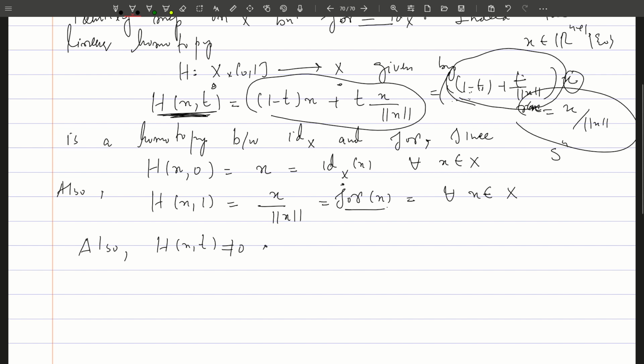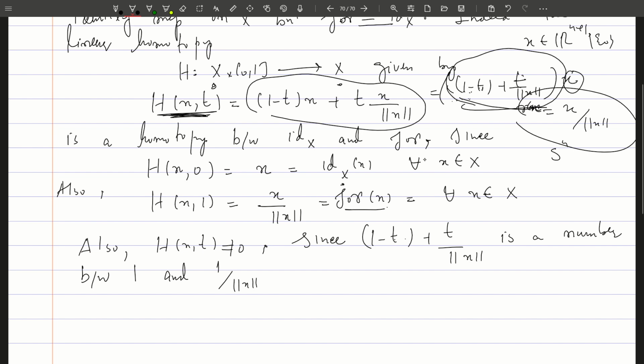So the number 1 minus t plus t over norm of x is always a definite number, because x is non-zero.